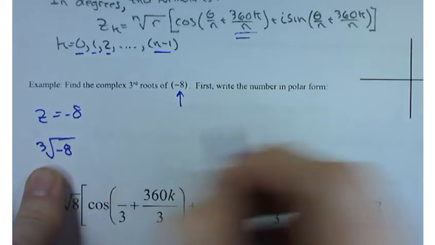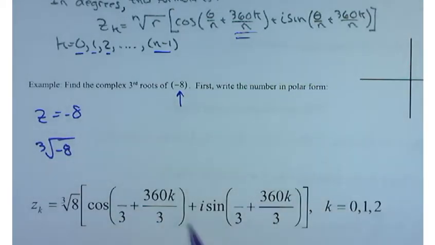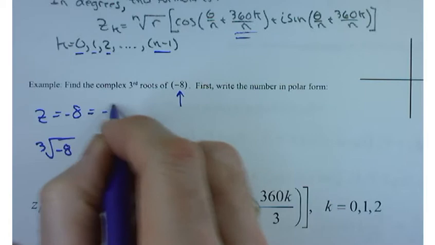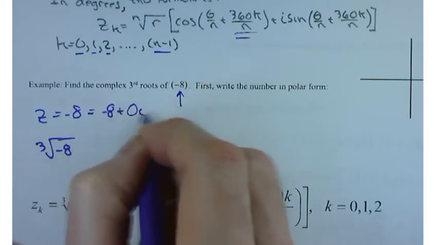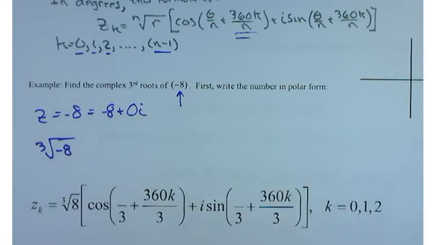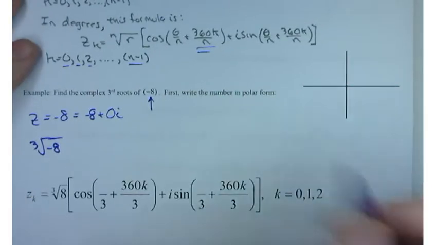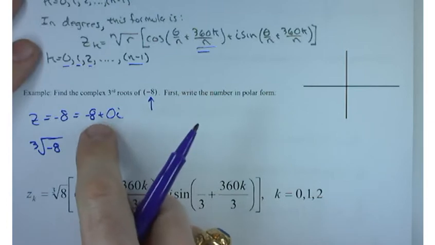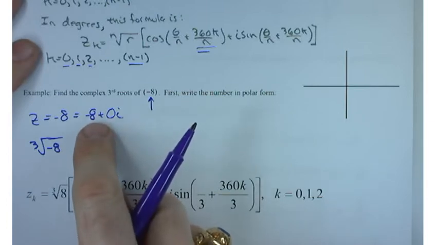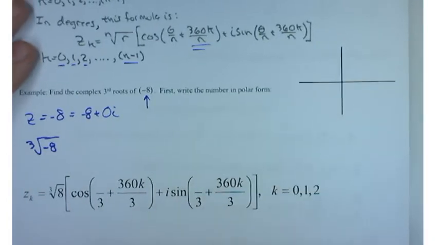So the first thing I'm going to do is rewrite that as a complex number in polar form. Negative 8 we'll think of as negative 8 plus 0i. Let's graph it in rectangular coordinates first, and then try and figure out what's going on in polar coordinates. Where is this point going to be on my graph?